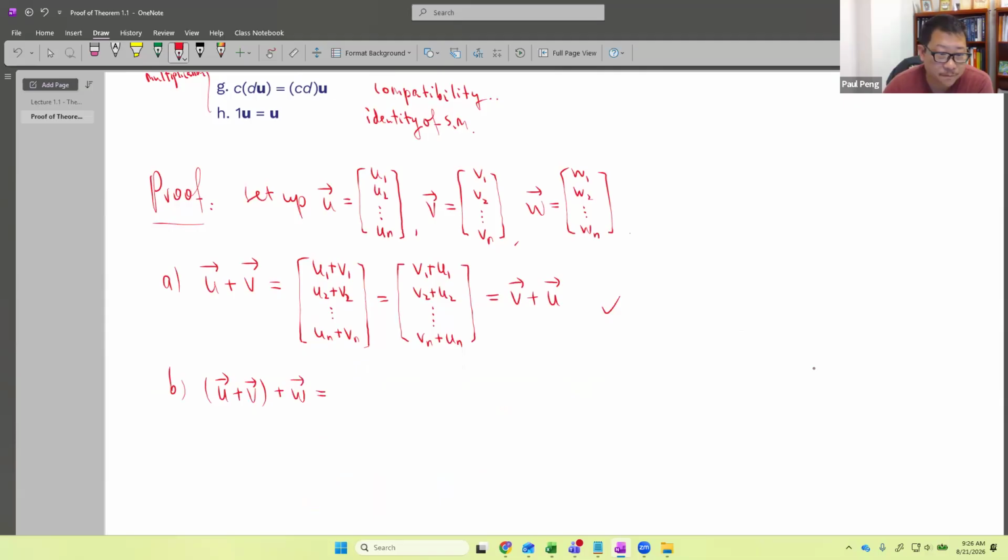What do we get? You can think about it. That's easy. u plus v, which is u1 plus v1, after this then plus w1. See, I get the first. The same, I get the second. It goes on to the last coordinate.